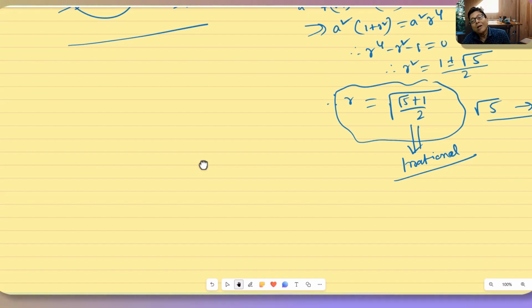So what can be those primitive Pythagorean triplets, and they are generated by one or two variables? This we are going to discuss one by one.